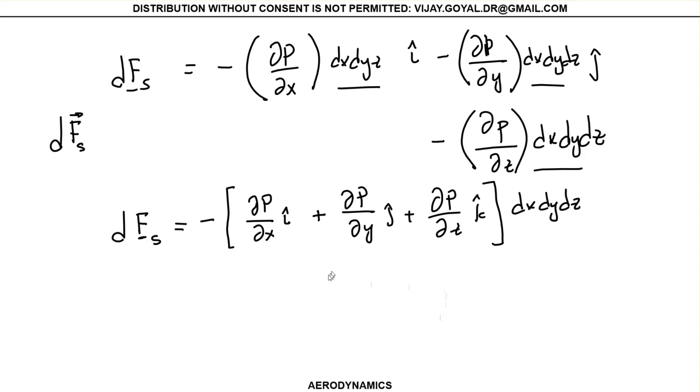Okay? And if you recall from calculus, your operator del was nothing else than, this is a vector as well. This is nothing else than partial of x plus partial with respect to y plus partial of z.